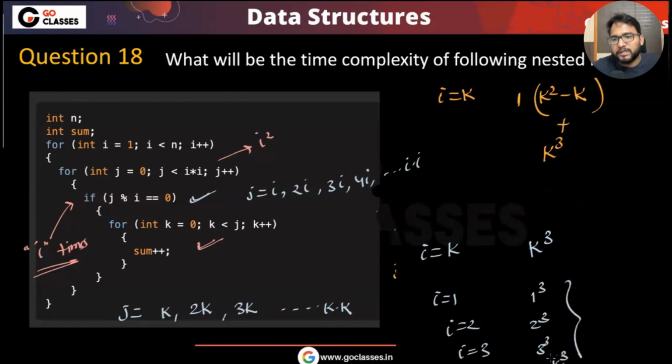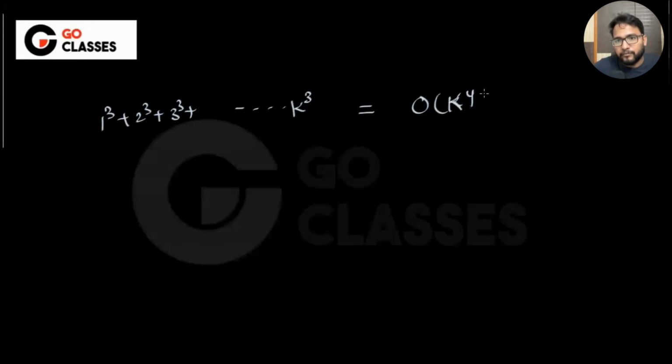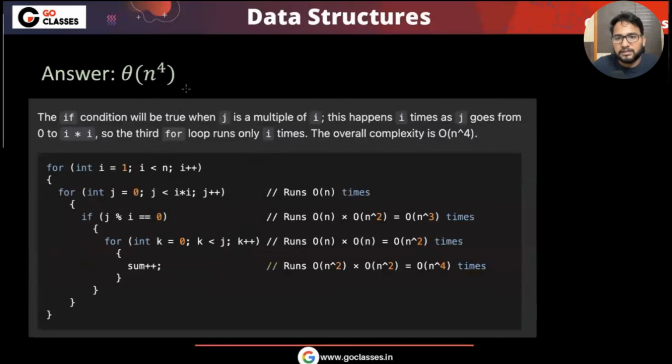If you add all of this, then what is the answer? This is basically 1 cube plus 2 cube plus 3 cube. I think this will be in the order of k4. Sorry, k is just n because i will be running n times. So this is n cube. This is in order of theta of n power 4. Yeah, that is the answer.